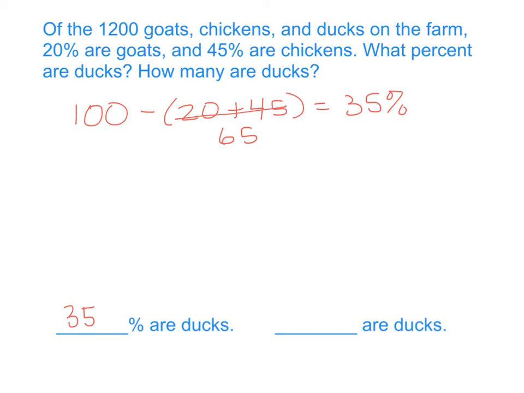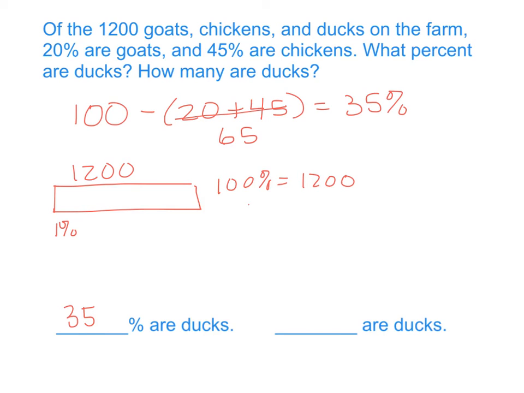are ducks. So my 100%, if I did it the model way, is 1,200 animals. So if I want to find my 1%, 100% is 1,200. 1% means I divide this by 100, and that would give me 12.